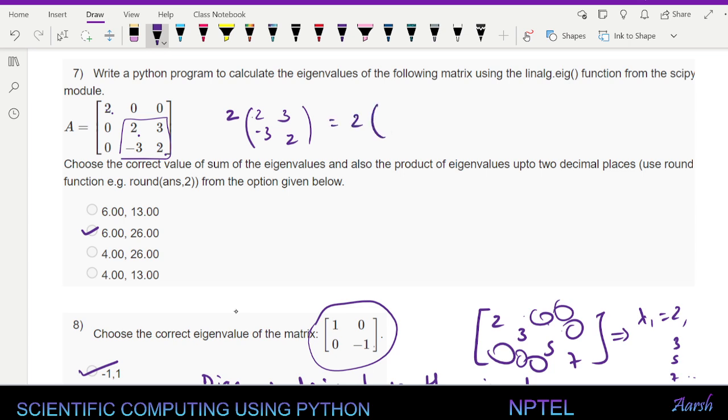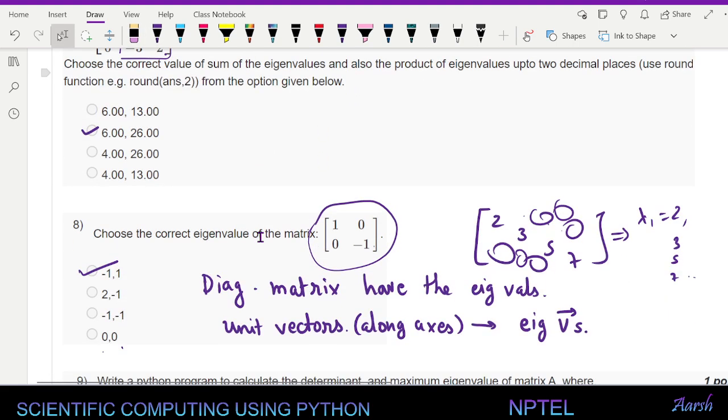So it is 2 times, 2 into 2 is 4, plus 3 times 3, 9. So 2 times 13, which is 26. Okay. The reason I'm doing this in front of you is not to insult your intelligence, but if you encounter such questions in the exam, you can do it by hand just to verify whether you are getting the correct answer. Okay.